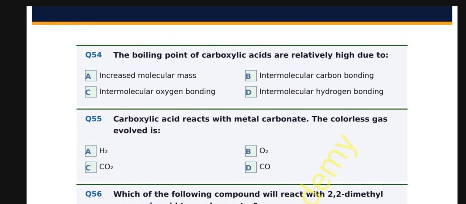And the correct option is D. Intermolecular hydrogen bonding. Carboxylic acids form strong intermolecular hydrogen bonds and even dimerize. This requires more energy to break, resulting in usually high boiling points.